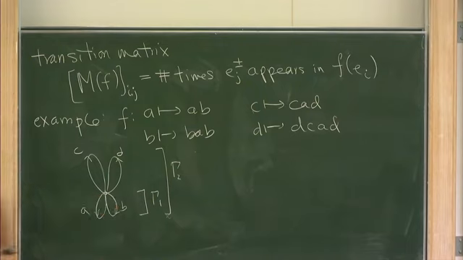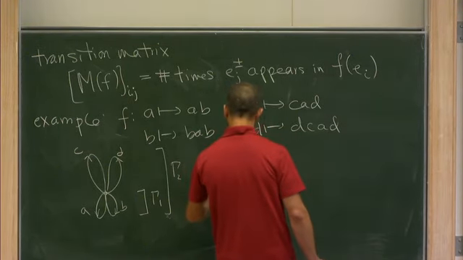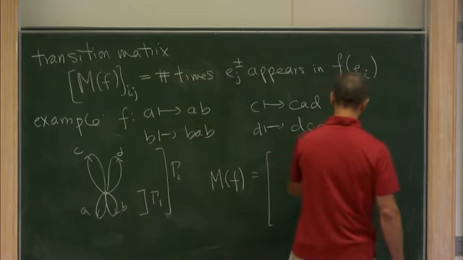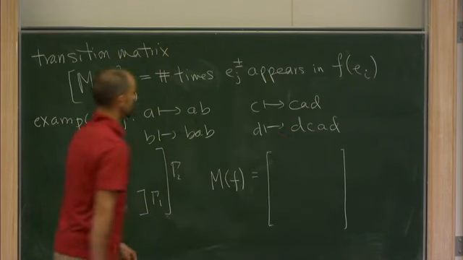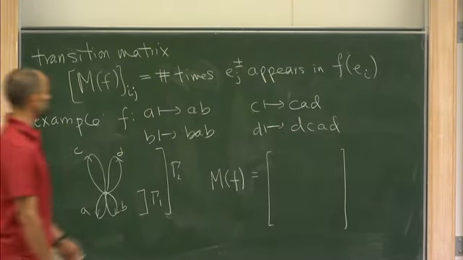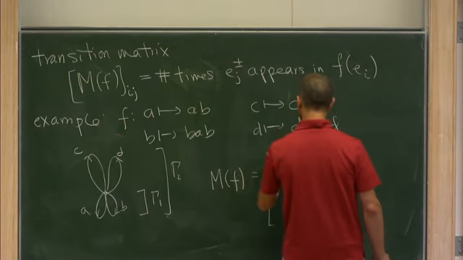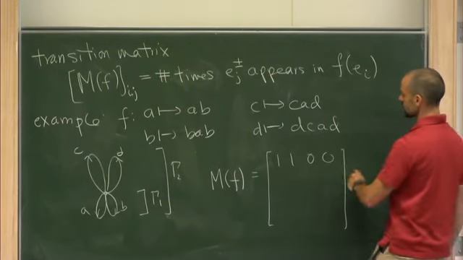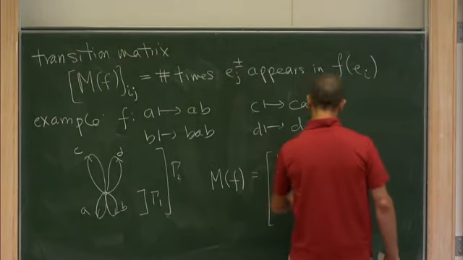This bottom stratum is invariant. And what does the transition matrix here look like? Well, let's see. Let's just order things alphabetically, right? And so we can just read off what this matrix is. So A crosses A and B, so I get 1, 1, 0, 0, and we just fill in the rest of it.